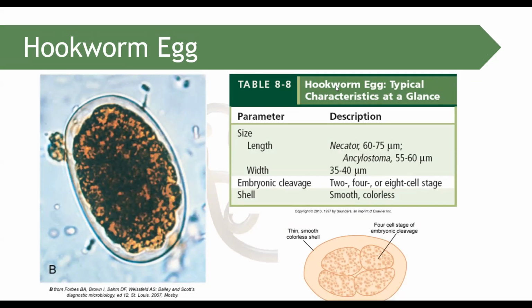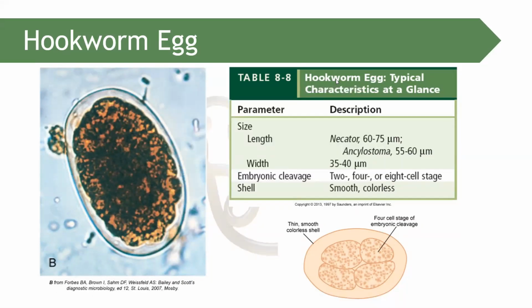Remember guys that the egg of a hookworm usually has the size of 60 to 75 or 55 to 60. For Necator, that is 60 to 75. For Ancylostoma is 55 to 60. However, other parameters are the same.